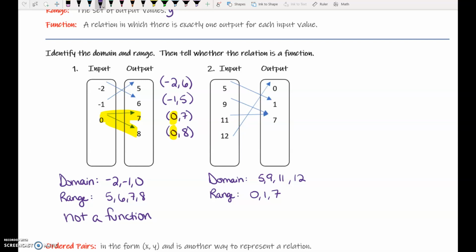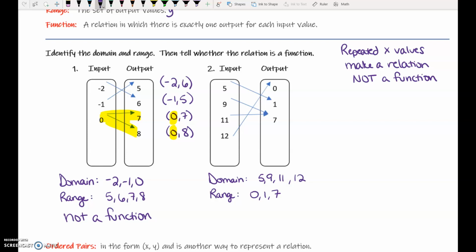So you may want to write somewhere that repeated x values make a relation not a function. Repeated y values are fine, but repeated x values are not okay.